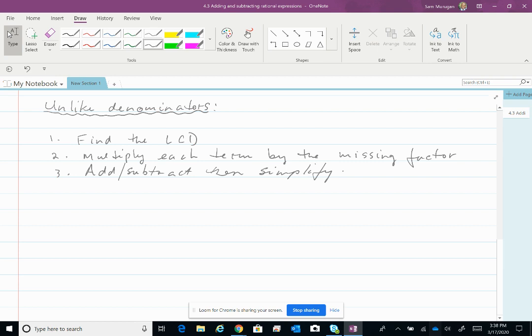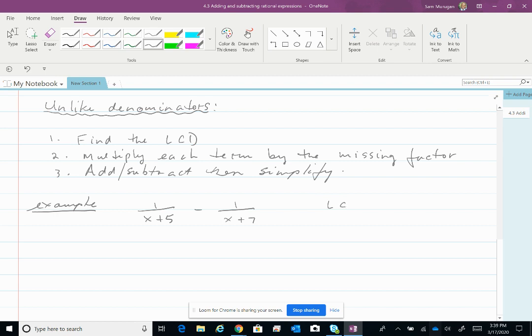So again, we're going to look at a few examples on how to do this. So example, I have 1 over x plus 5 minus 1 over x plus 7.